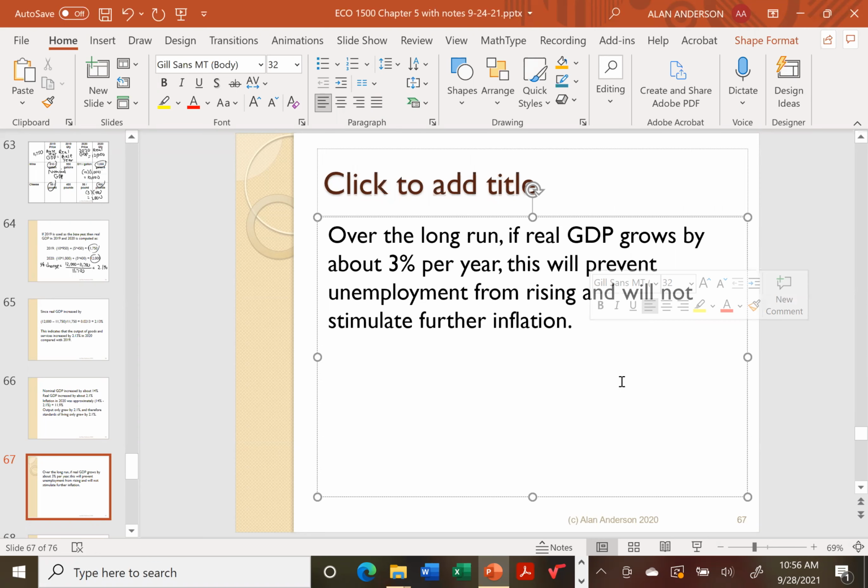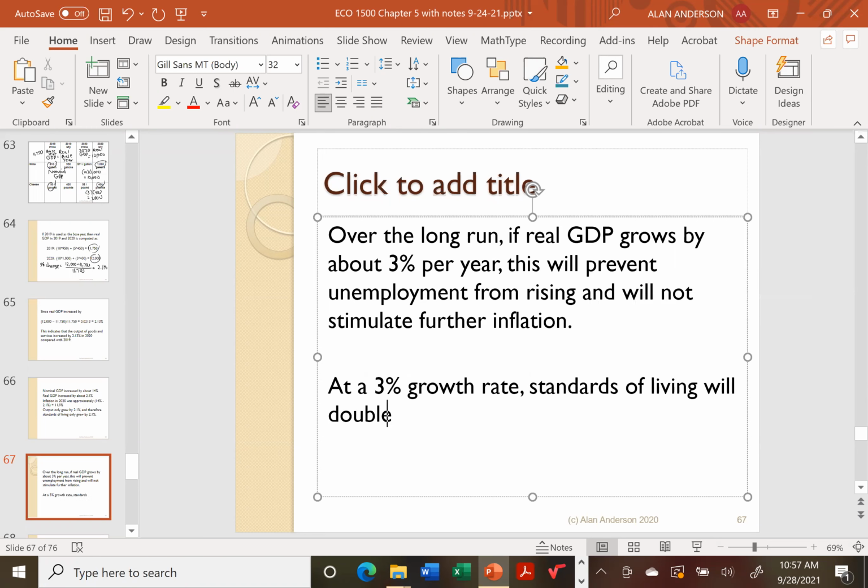Now, 3% sounds pretty small. You might say, well, that's not much. But at a 3% growth rate, standards of living will double roughly every 25 years, or basically one generation. So in other words, imagine the size of the economy doubling every 25 years.